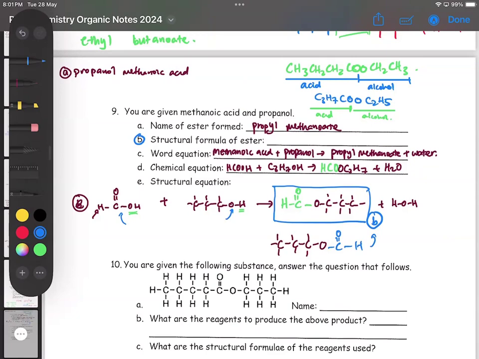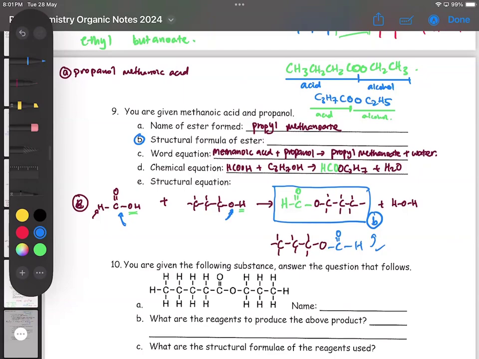These two are identical. It's just that the one that I drew for B is acid first, whereas in this case I draw the alcohol first, but it doesn't change the way we connect them together. This C and this O should always be connected together to form the ester linkage.